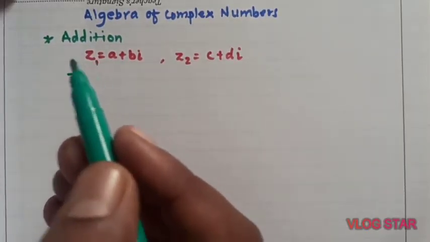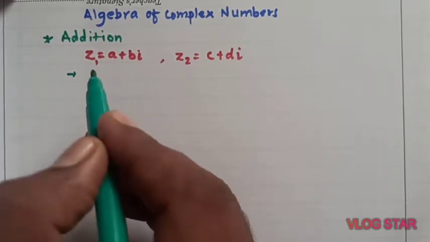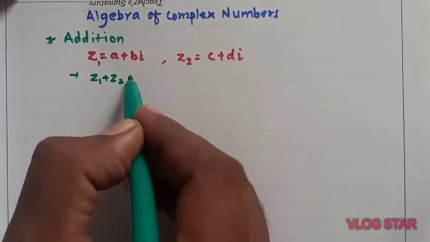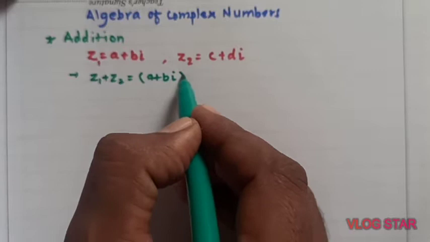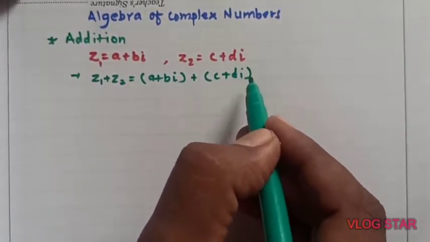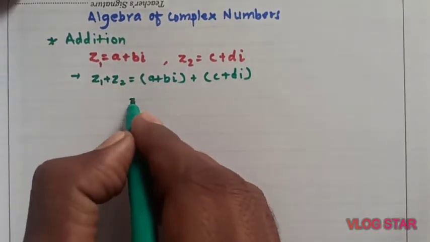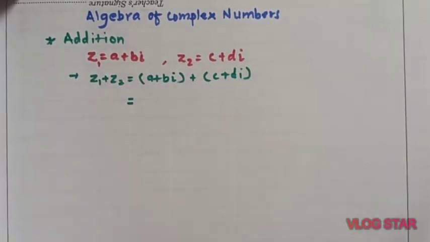It is as simple as the addition of real numbers, so there is no need to memorize any formula. So z1 plus z2 is simply a plus bi plus c plus di. The rule says we add real part to real part and imaginary to imaginary.